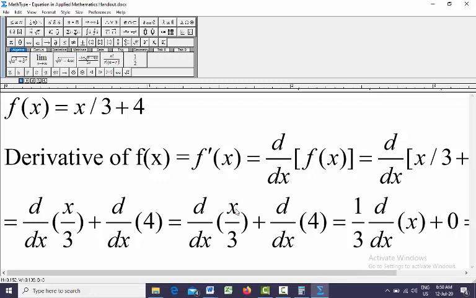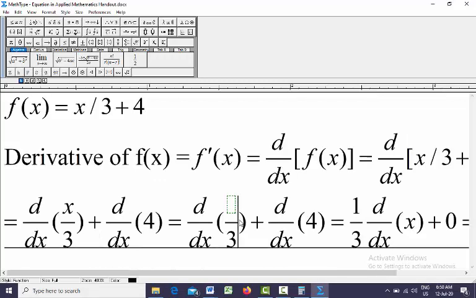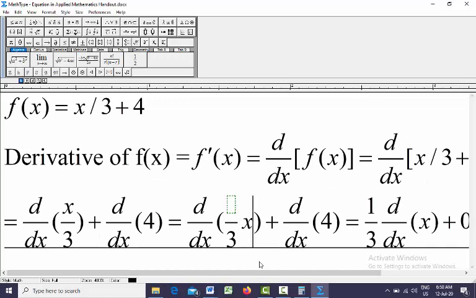So to do the differentiation of x by 3, you need to move the coefficient out. That means you should have only the variable, and numbers should be kept out. Since we do not have anything there, we'll put a 1 there.